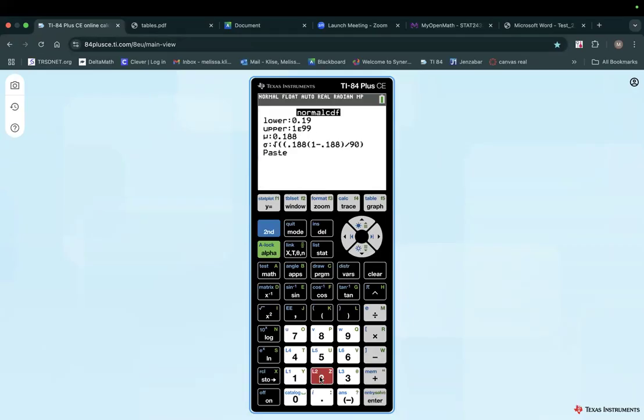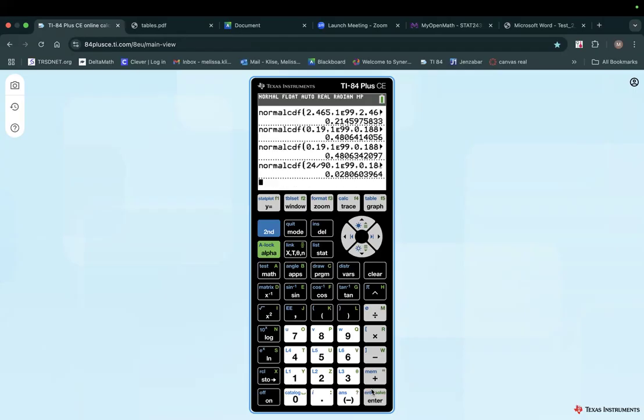I'm just going to put 24 divided by 90 right in there. Because why not put the math in there? So notice that the probability of getting a sample of that size is 0.028, so about a 2.8% chance. We know, based on what we've been doing, that that means it would be very unusual, because anything that happens less than 5% of the time is unusual.